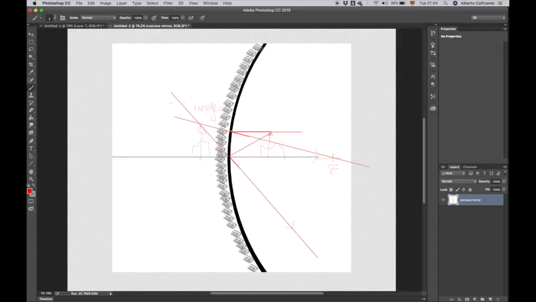So what's going on here? The image is clearly augmented, right? Look at the size of this. The object is about this size, and the image is about this size, which is way bigger than the object. So the image is definitely augmented. It's upright.